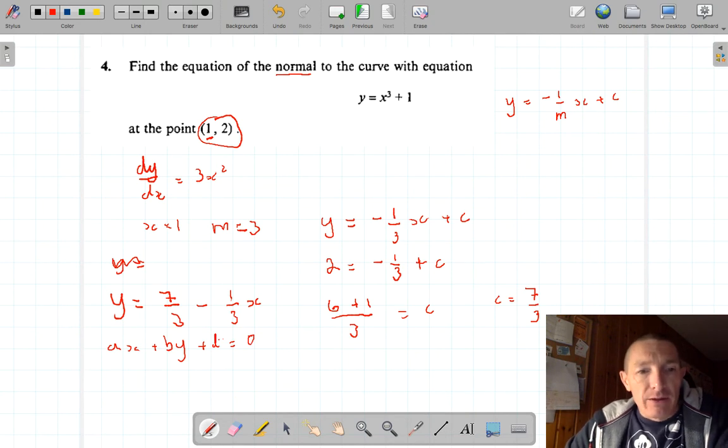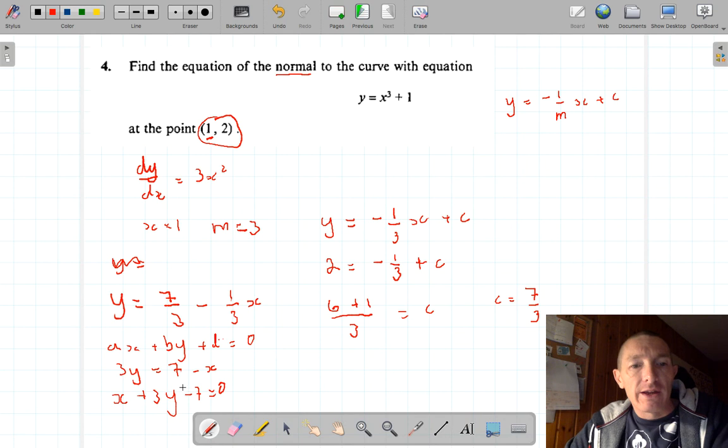So that's going to give me 3y is equal to 7 minus x. And then I will start with x being positive here, just for convention. So it becomes x plus 3y minus 7 equals 0. So I've just put everything onto the left-hand side, or added x to both sides and taken away the 7.